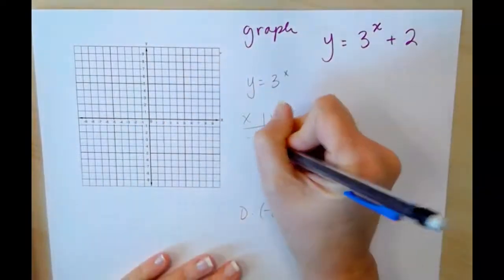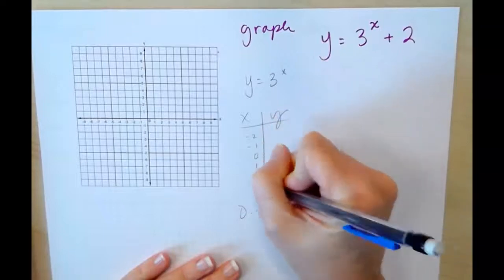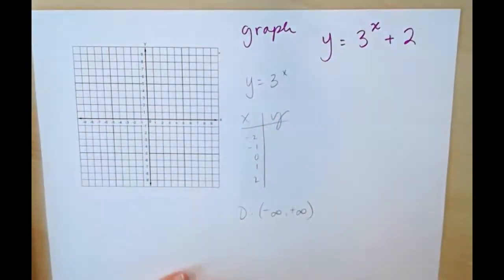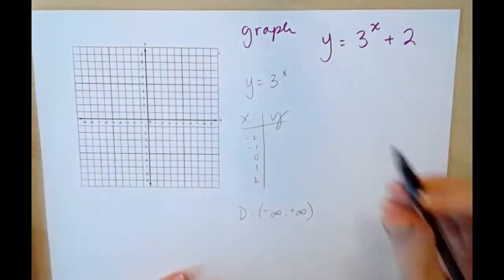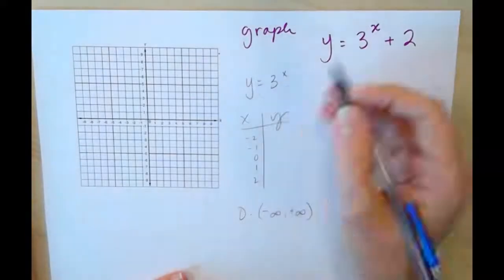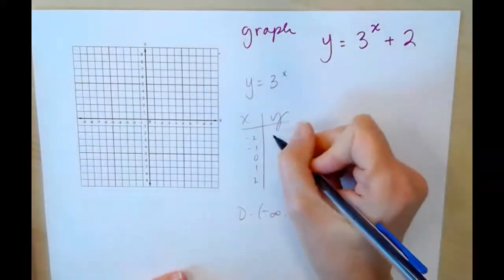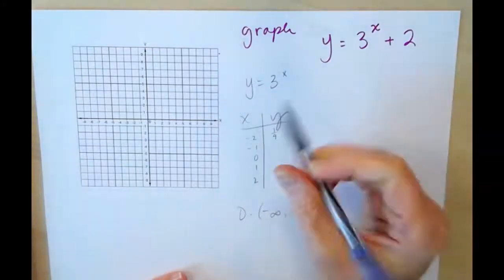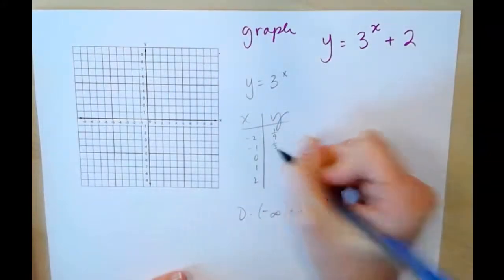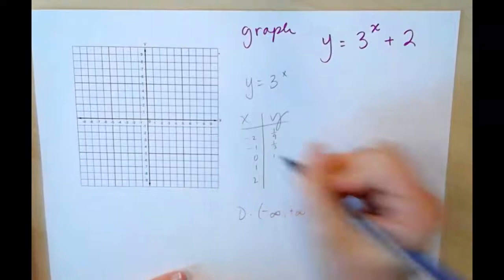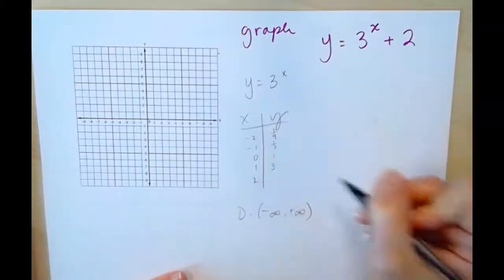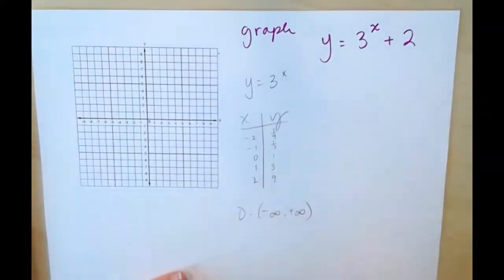So let's put in -2, -1, 0, 1, and 2. Those will all fit on our graph. So if y equals 3 to the x, 3 to the -2 is 1/9. 3 to the -1 is 1/3. 3 to the 0 is 1. 3 to the first is 3. 3 squared is 9. And we can easily plot those points.